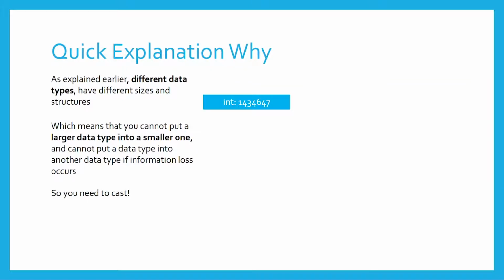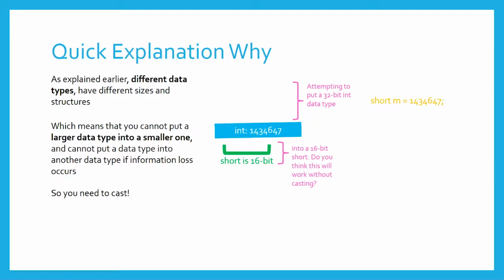So the reason you might want to do this is if, for example, you have an int and you want to put it into a short, which is a smaller integer data type. The problem is that an int is a larger size than a short, so there is going to be information loss.